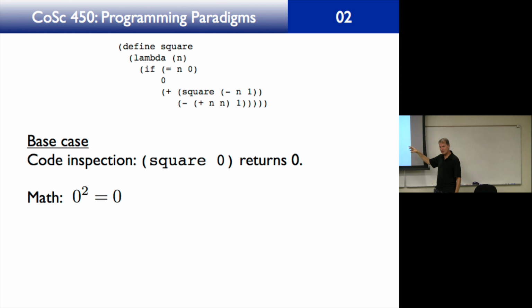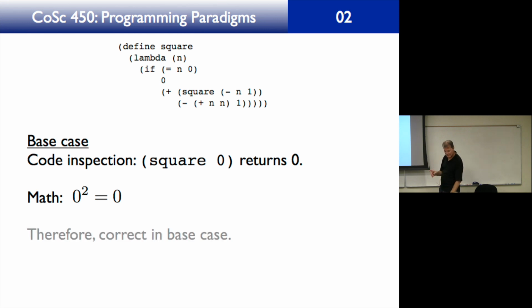Because on the one hand we have a programming construct, and on the other hand we know mathematically what it should do. So we have to compare what the program does with what the math says it should do. Is everybody clear about that?